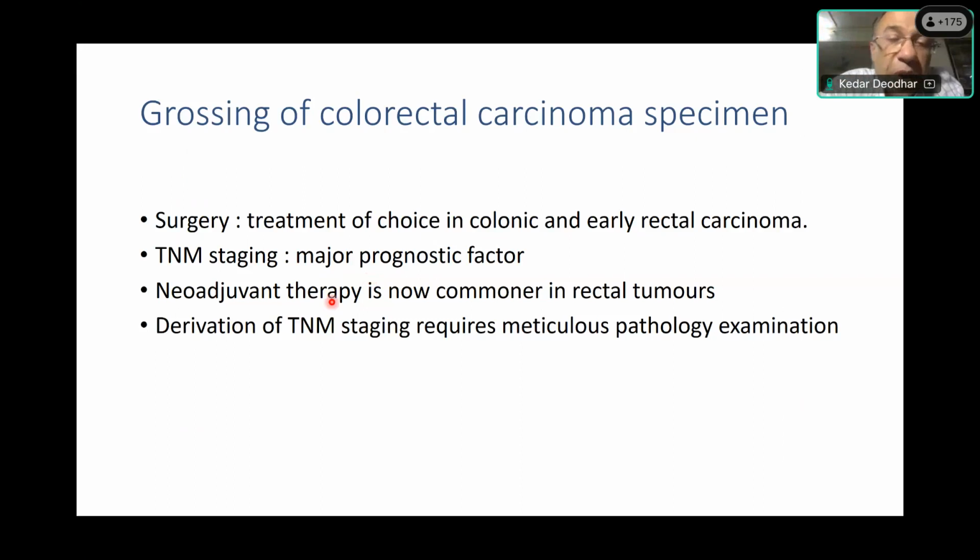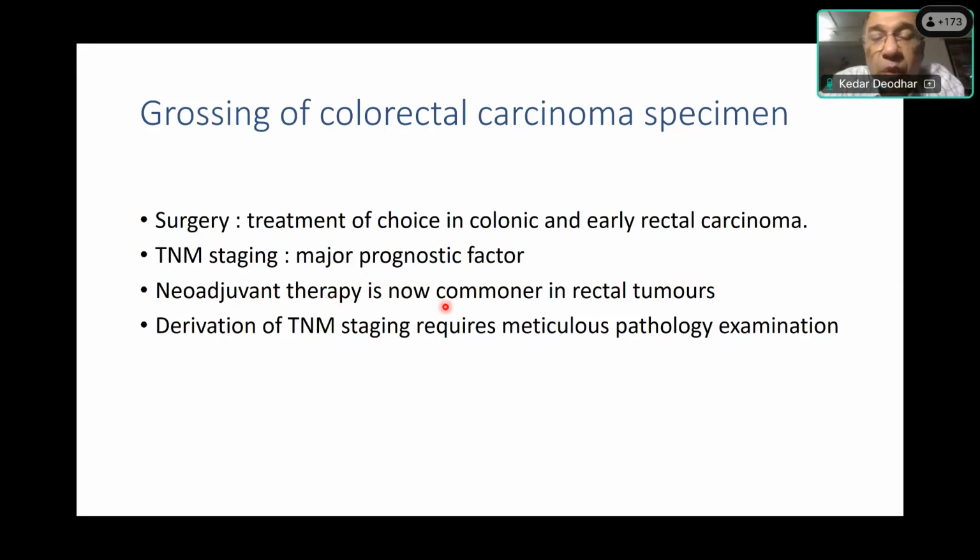On biopsy you prove that it's a cancer, then neoadjuvant therapy is given, such as chemotherapy and radiation therapy, and then we get a specimen after 6 weeks. In the anterior resection, they try to preserve the sphincter as much as possible so as not to have a colostomy. So rather than abdominoperineal resection, the surgeons will try to do anterior resection or intersphincteric dissection so that the sphincter is preserved. So these are the ones which we look at.